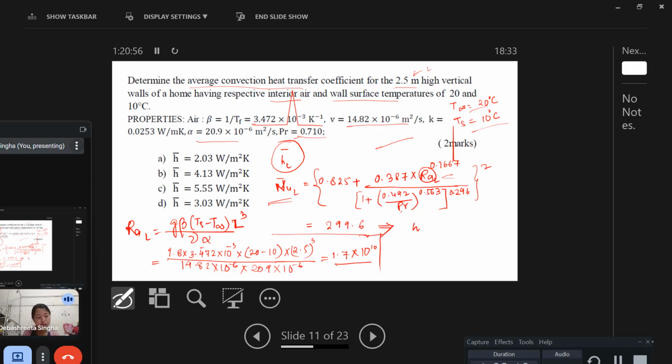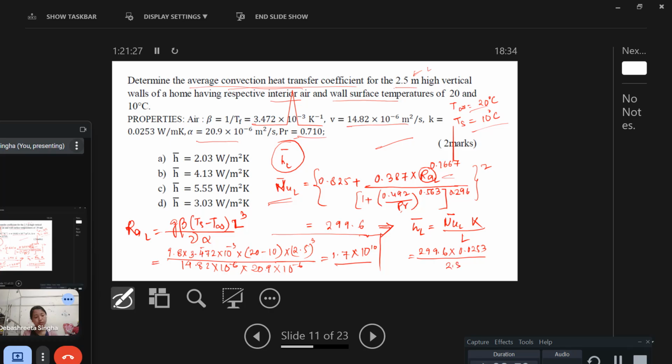Now we calculate the h bar from there, the average heat transfer coefficient, which is exactly what is asked in the question. So Nu L into k by L. So 299.6 into k, which is 0.0253, the conductivity of air, almost 0.025.